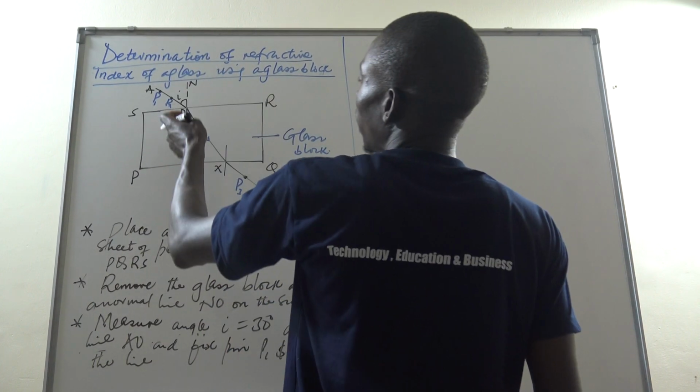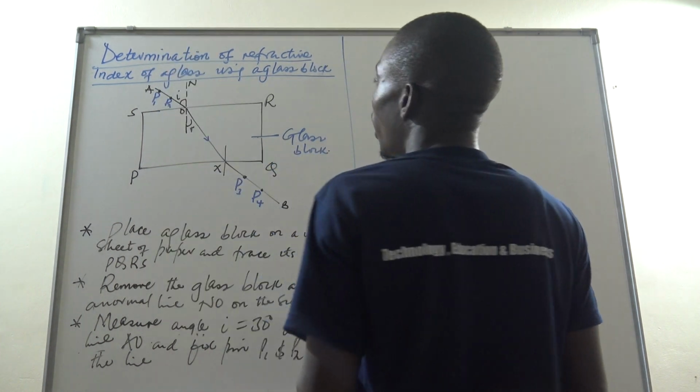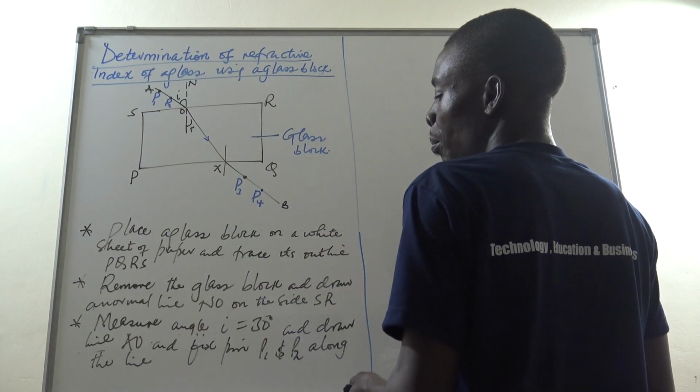So after drawing that, measure angle 30 there, draw line OA and fix pin P1 and P2.